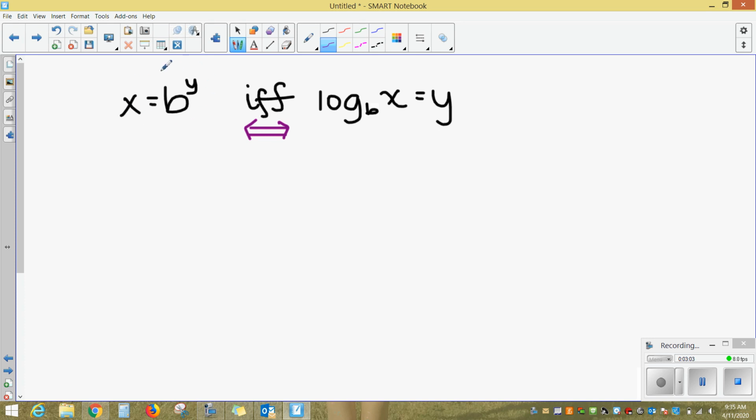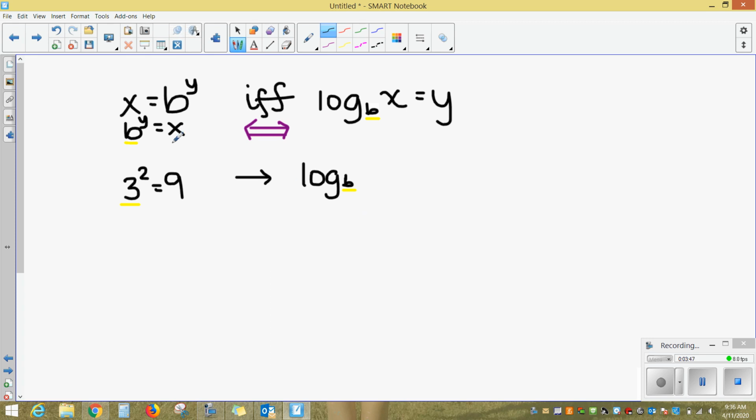Exponential form is using exponents. Logarithmic form is where I write it using logs. So maybe I'm going to say 3 squared equals 9. So I have my b to the y, and my x, I just switched the sides the way I wrote the equation. If I want to write that in logarithmic form, understand the base. This base b is the same as the base of my logarithm. It's a subscript. It's supposed to be a little bit lower than the word log.